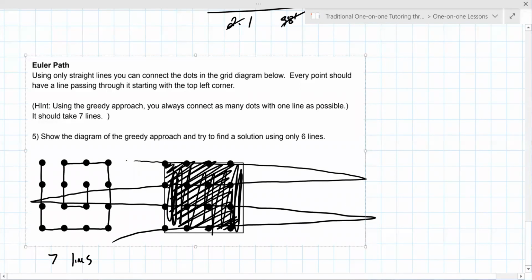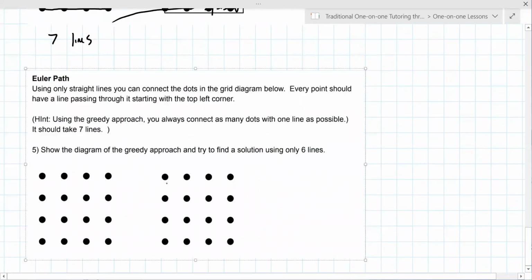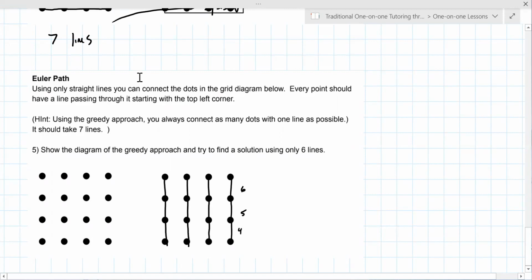Okay, so to me, the greedy approach, if you assume that they don't have to, there's 1, there's 2, there's 3, 4, 5, 6. I don't know if that's what the instructor was intending, where this is 4, 5, and 6. But like the first way I showed you, they all connected.